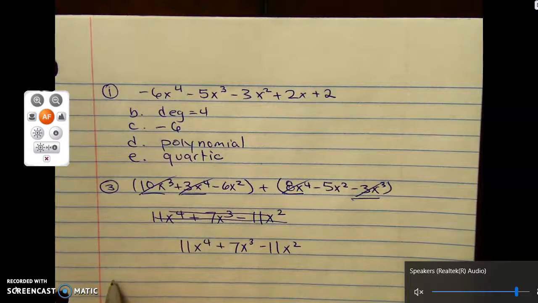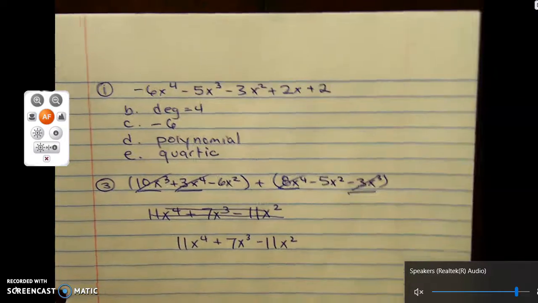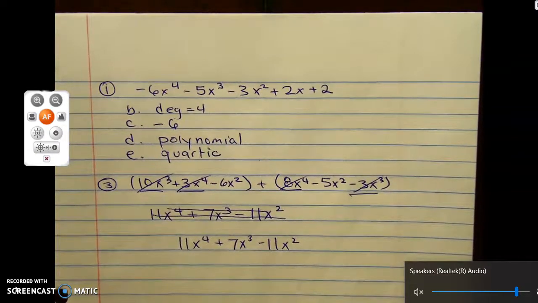Guys, number 2 is going to be the one that you really struggle with because you got to distribute the negative sign. So I'm going to write down what the answer to number 2 is so you can check it and make sure you got it right.